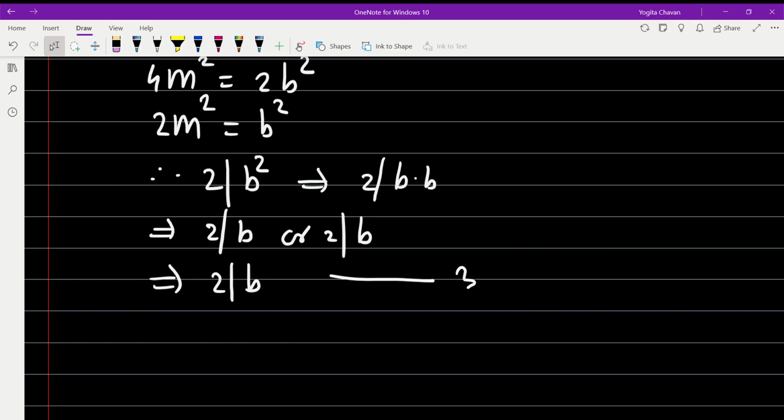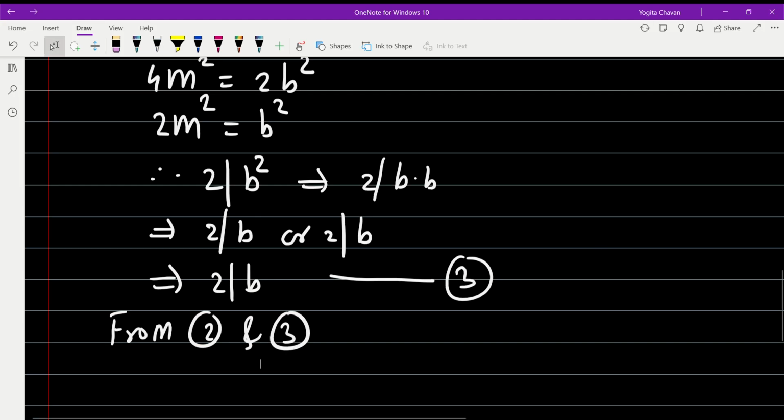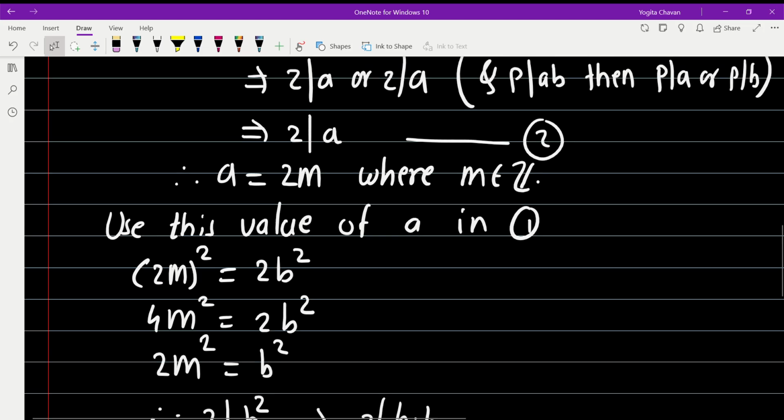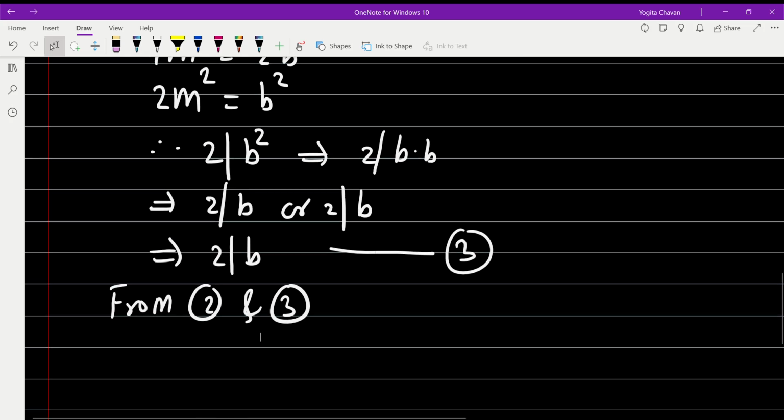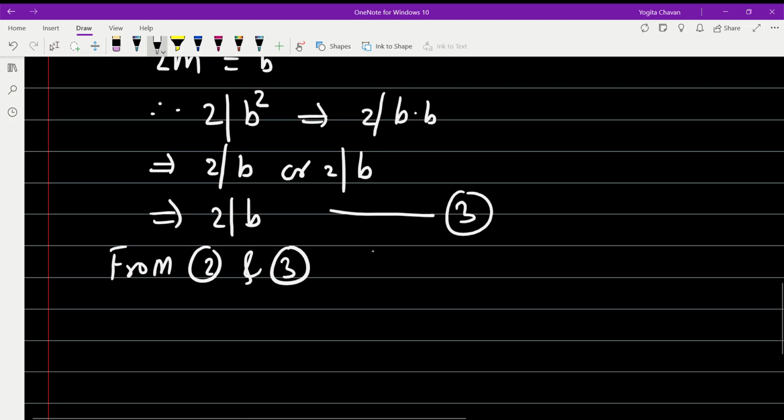Now from 2 and 3: in 2 we have 2 divides a, and in 3 we have 2 divides b. So from 2 and 3, 2 divides a and 2 divides b.